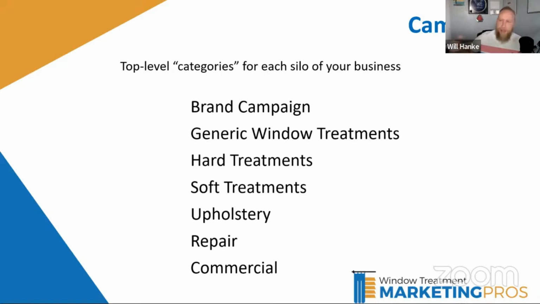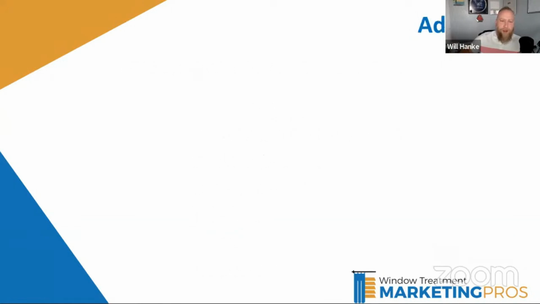Upholstery repair, bedding, any of these other things that you might also do. Some of our clients do solar tinting on windows since they're doing awnings. Commercial is another good one. Make sure you're showing your ads differently and speaking to that audience differently. A lot of different ways that you can go about that top level category.